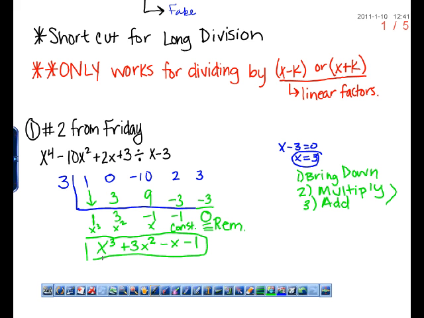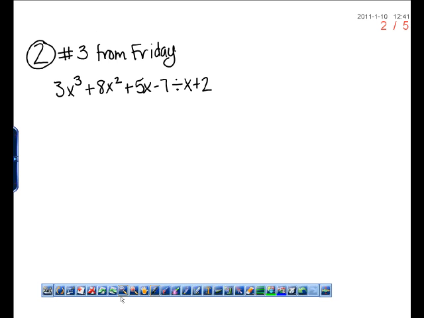Questions? Want to see it again? Let's try it again. Okay? This one's number 3 from Friday. This is the last one we did from Friday. 3x cubed plus 8x squared plus 5x minus 7 divided by x plus 2.